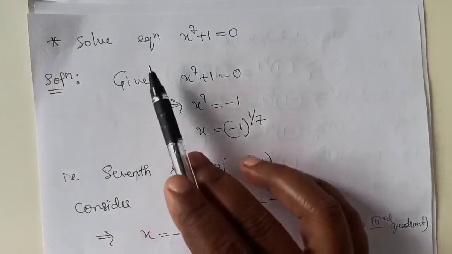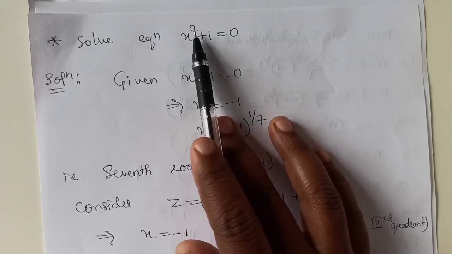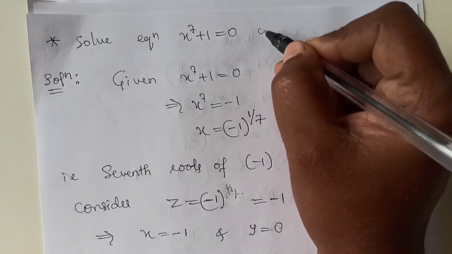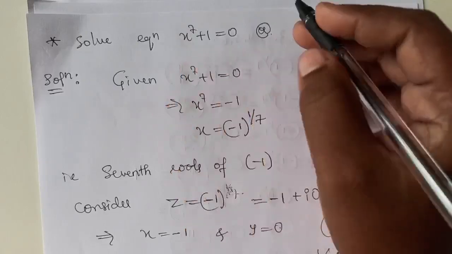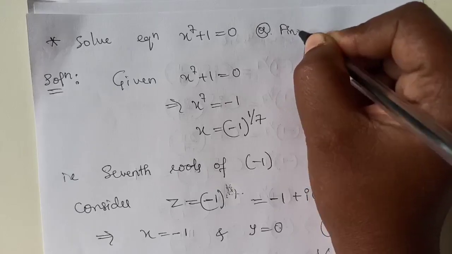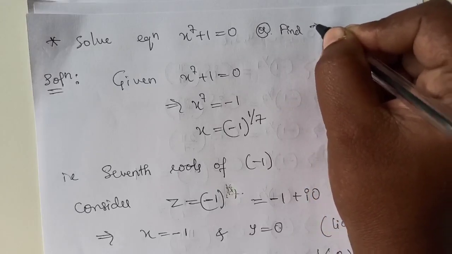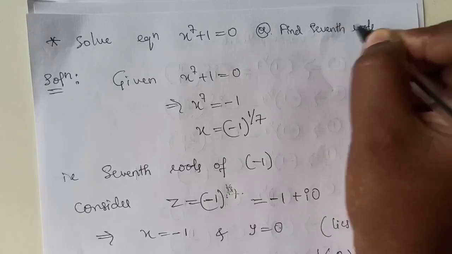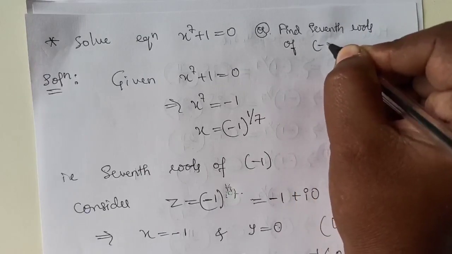Next problem. Solve the equation x power 7 plus 1 equals 0, or it can be given as find the 7th root of minus 1.